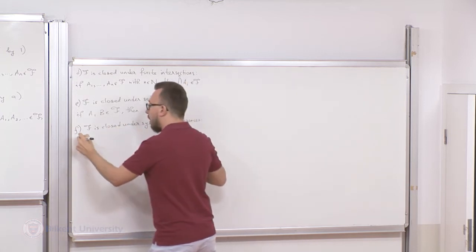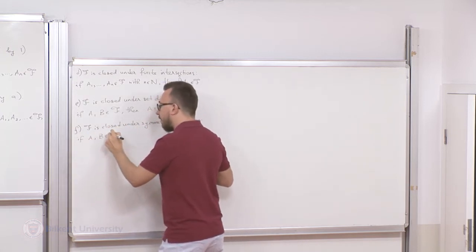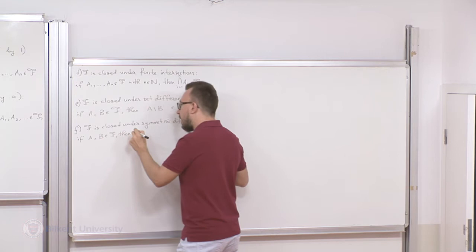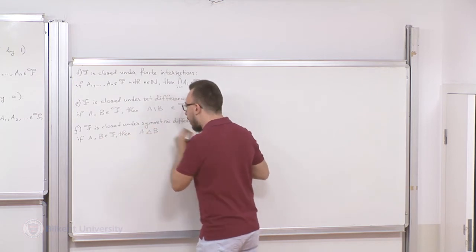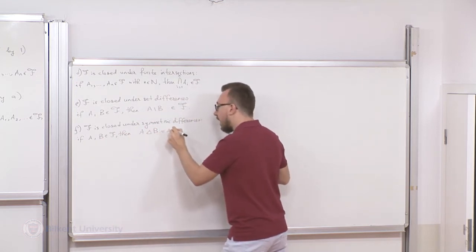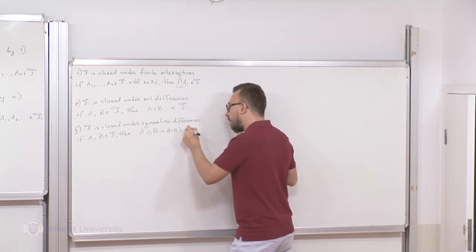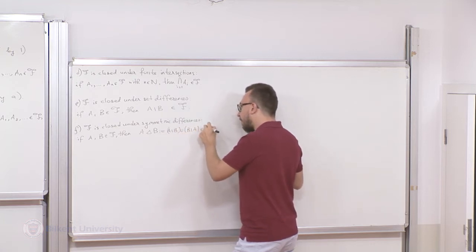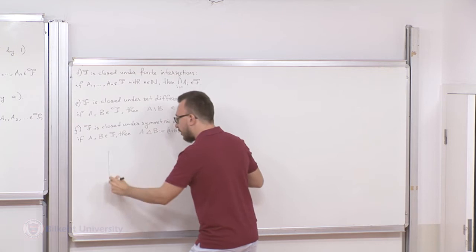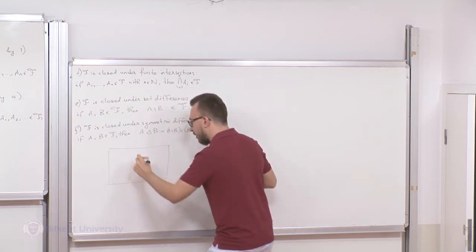Meaning that if A and B are in F, then A triangle B, which is A minus B union B minus A, is in F. So just on a picture, this is what I'm talking about.